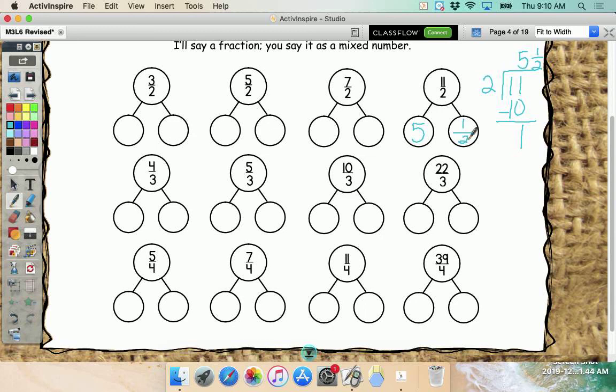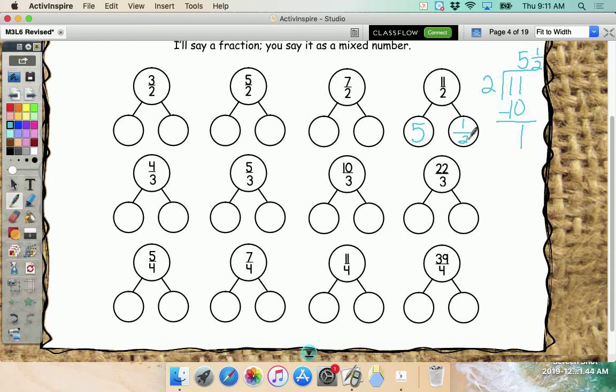Okay? And when your numerator is a lot more than your denominator, that's a strategy you can use. But how many of you can do 2 times 5 equals 10 in your head and then just know it's just 1 more? All of you. Okay? So let's try and do this one in our head. We're going to do the same thing as the long division, but we're going to do it in our heads. So 2 times something is close to 7. 3.